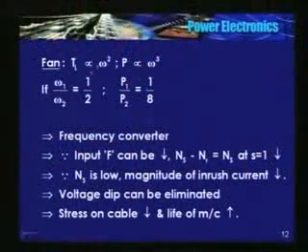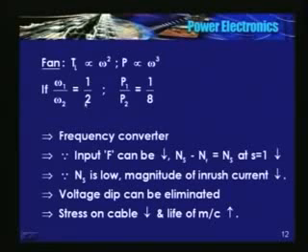Then what happens to the power input? See here, suppose the ratio of the two speeds, omega 1 to omega 2, is 0.5. The power ratio is 1/8.